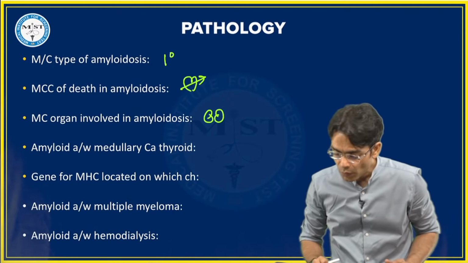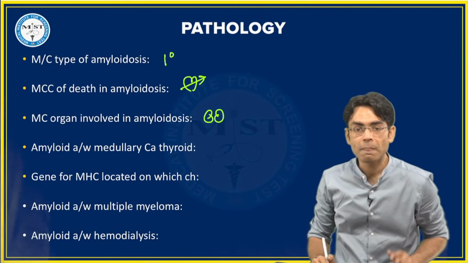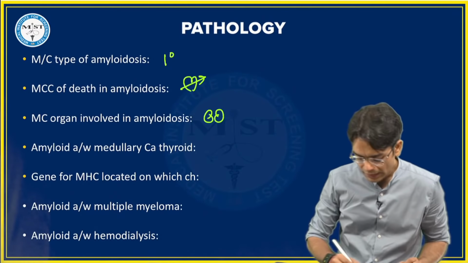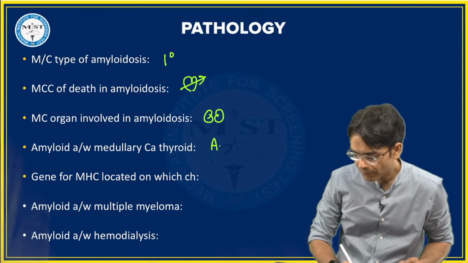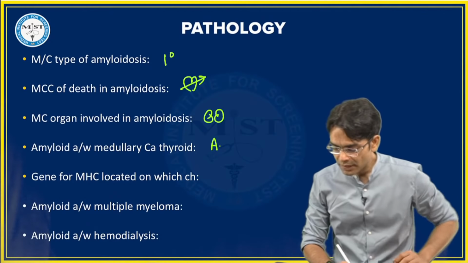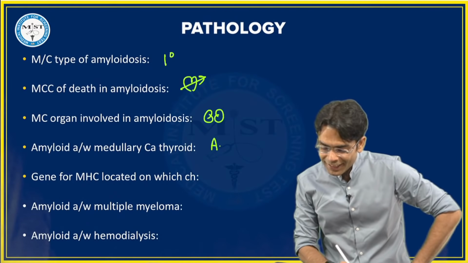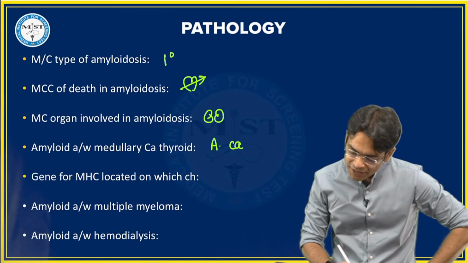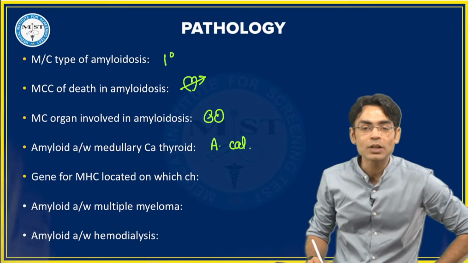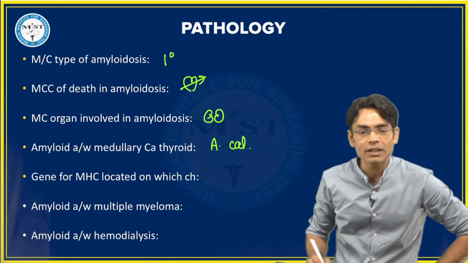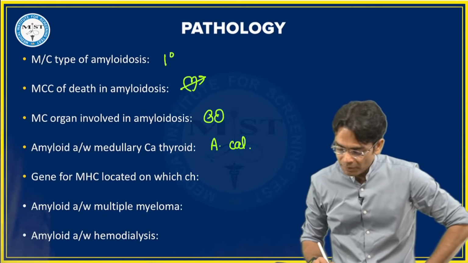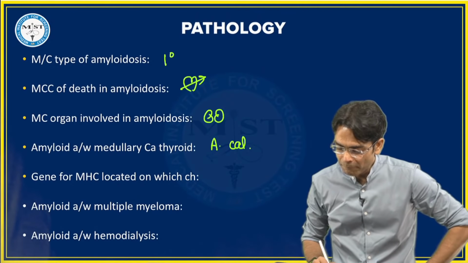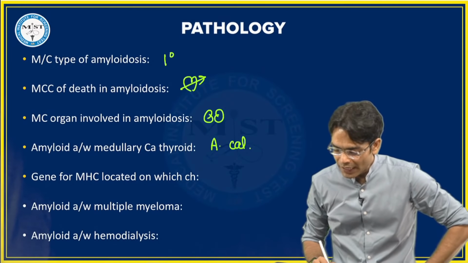Amyloid associated with medullary carcinoma thyroid. Medullary carcinoma thyroid, beta, which amyloid is that? Yes, Yash, you are right. So yes, it is your ACAL, calcitonin amyloid. Gene for MHC.